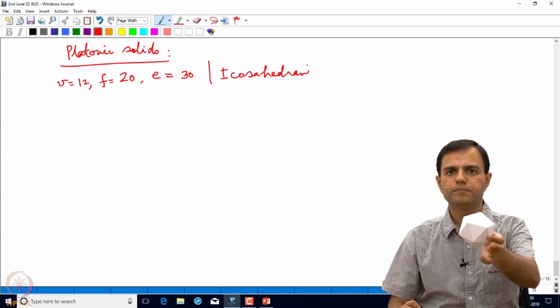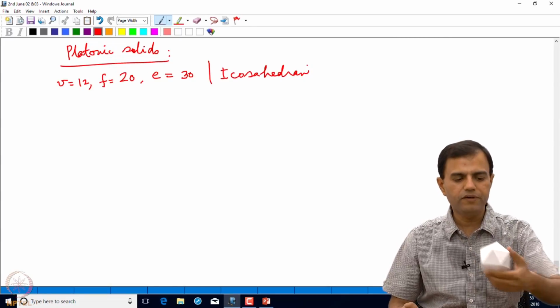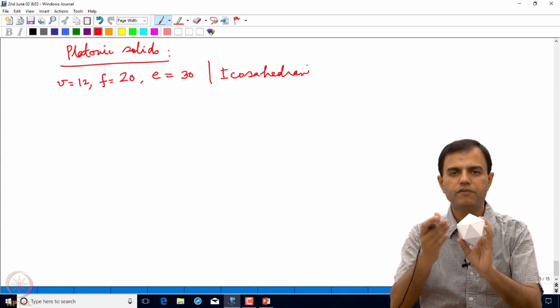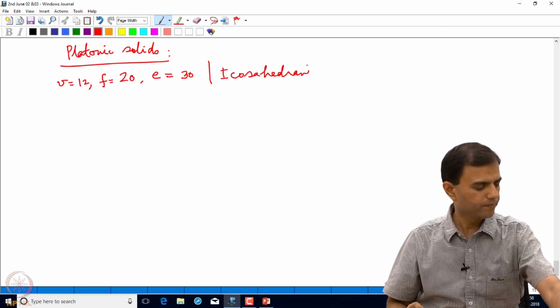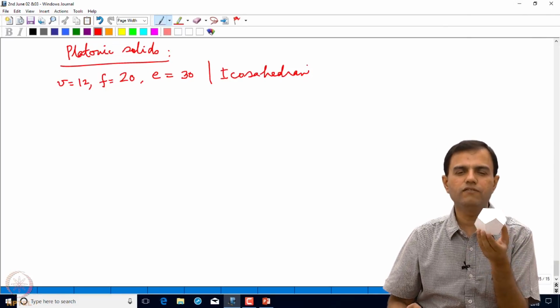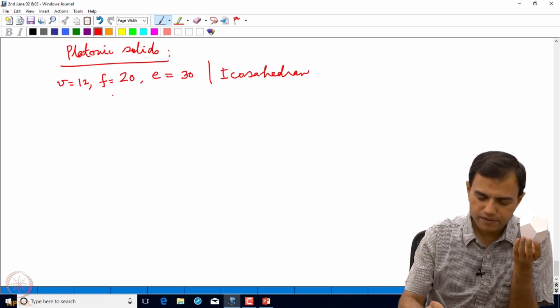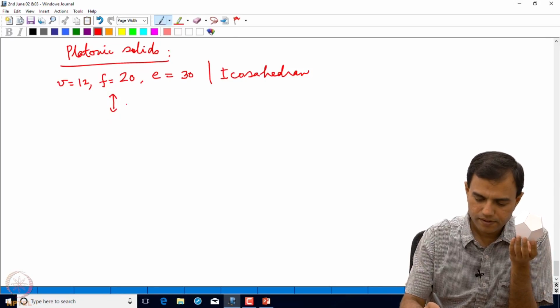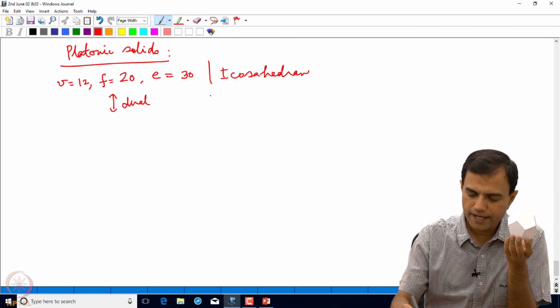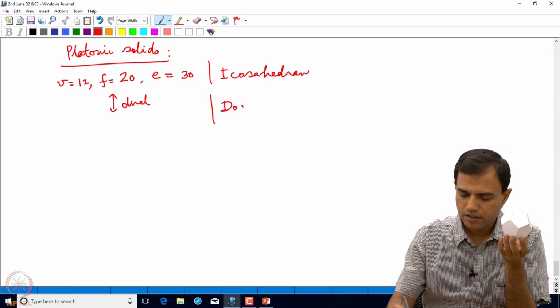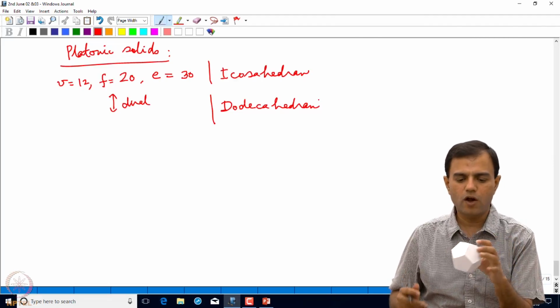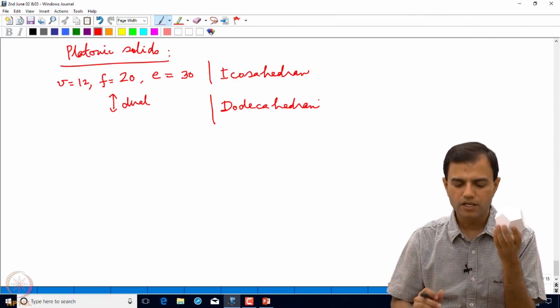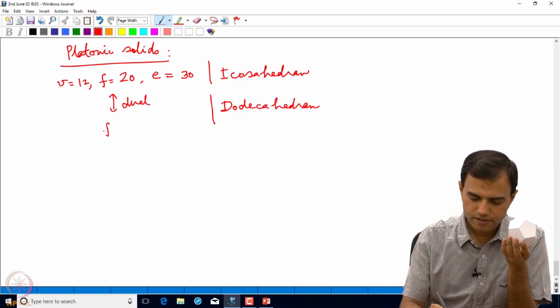This one, every face is a triangle. And then we have this thing which is dual to it, and this is called the Dodecahedron. How many faces does it have? It has 12 faces.